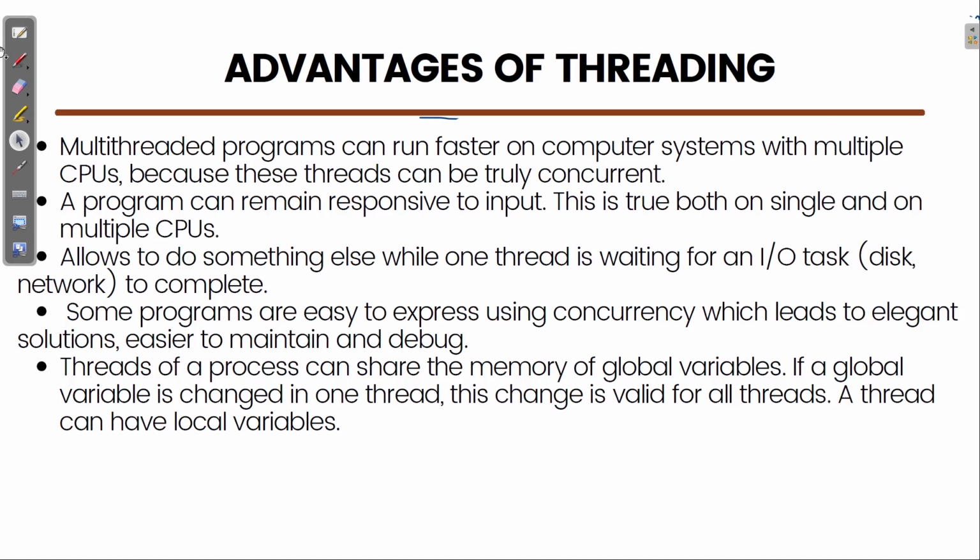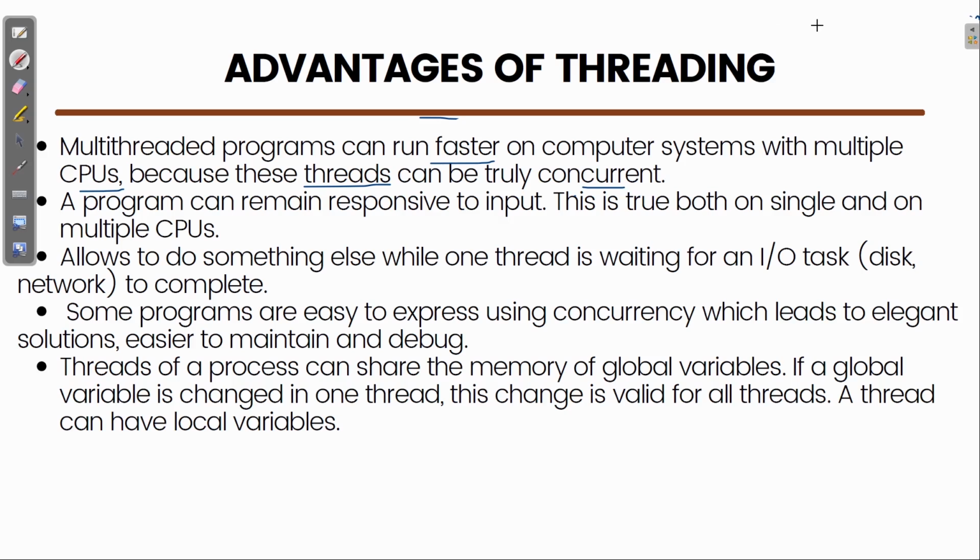So now, what is the advantage of threading? The main advantage is that multi-threaded programs can run faster on computer systems with multiple CPUs, that is, multiple processors, because these threads can be truly concurrent. I have already explained the concept of concurrency and parallelism.